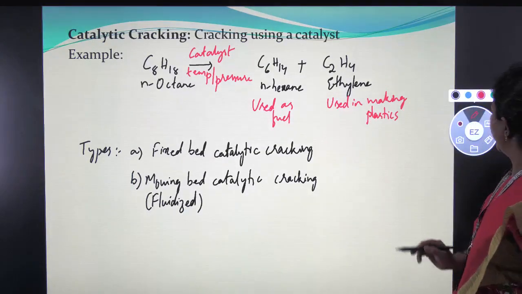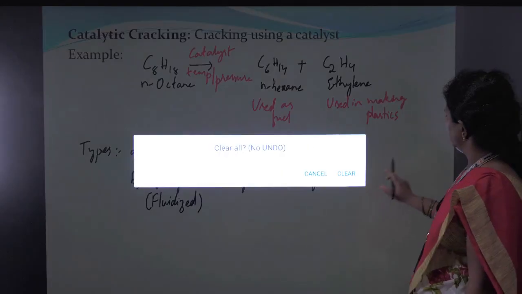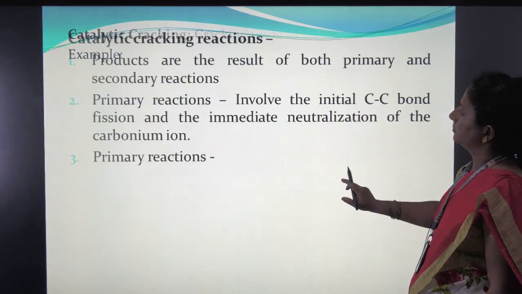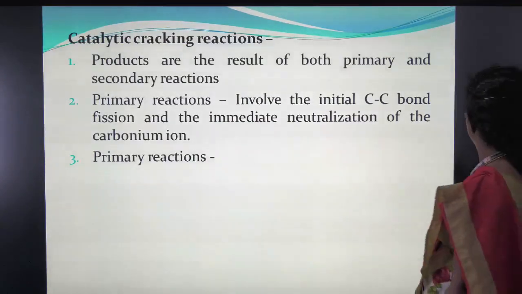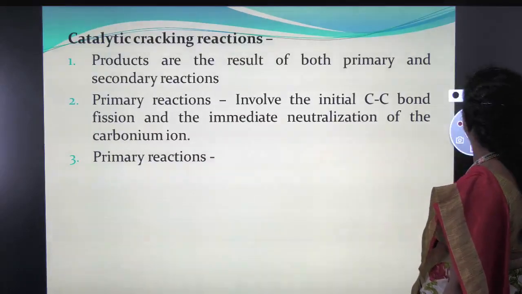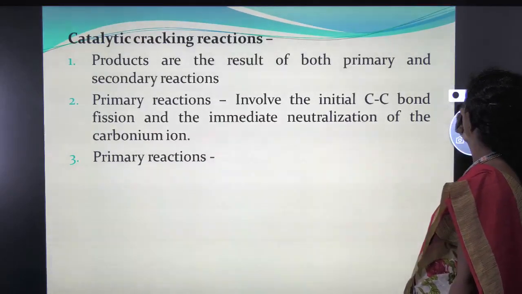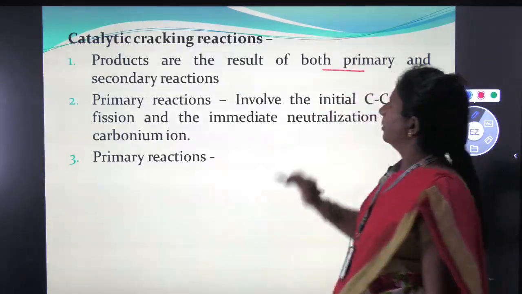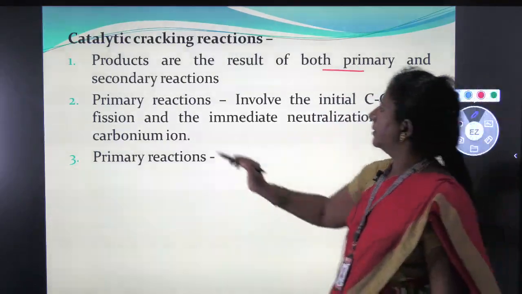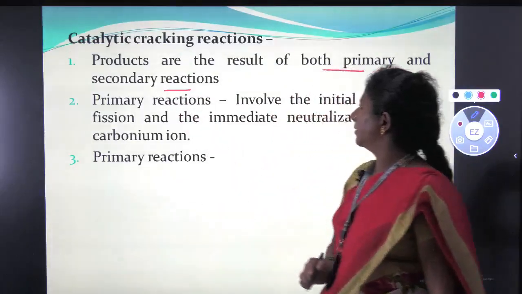And now coming to the mechanism of catalytic cracking. Here, products are the result of both primary and secondary reactions.